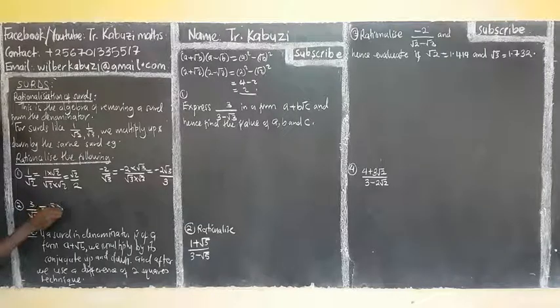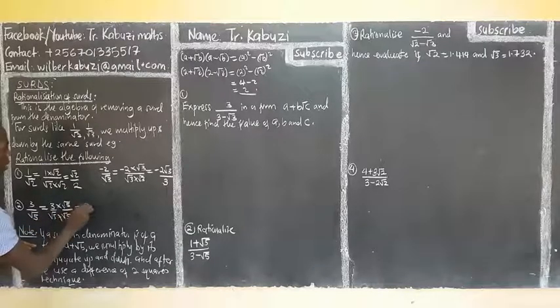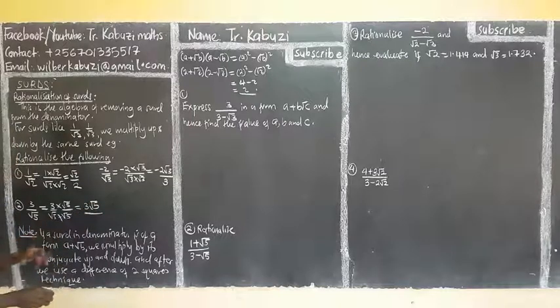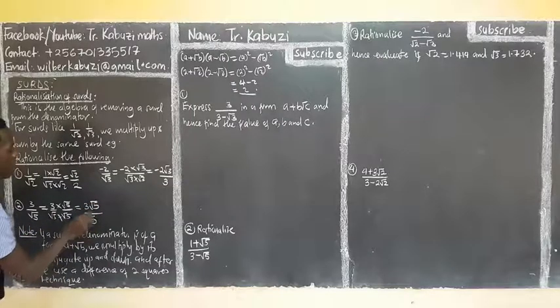I multiply what is down, up, and also down. So this times this, we shall get 3 root 5, then root 5 times root 5, we get 5. So that's how we simplify that.